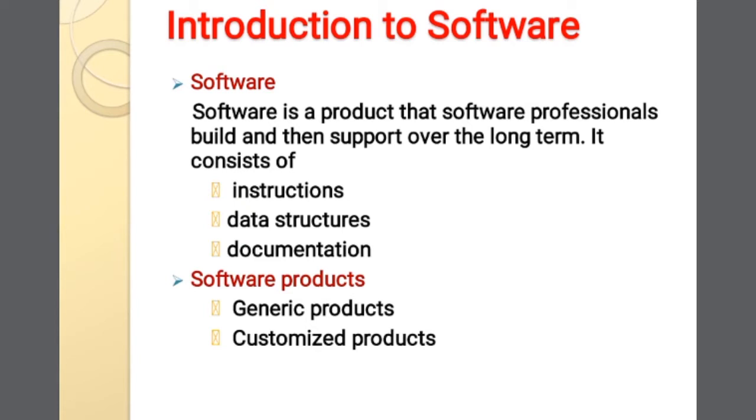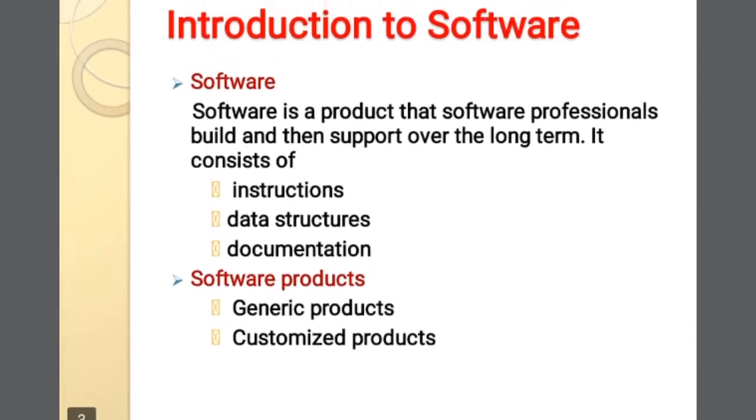So first we'll see what a software is. A software is a product. It's nothing but a set of programs or instructions that are built and then supported over the long term. It consists of three things: the instructions, data structures, and documentation.